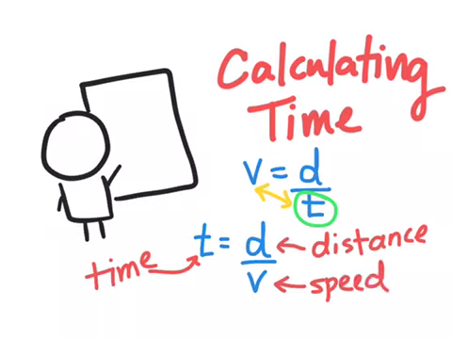All right, so we're going to look at some examples now. We're going to look at an example in which we are given the distance and the speed in similar units.